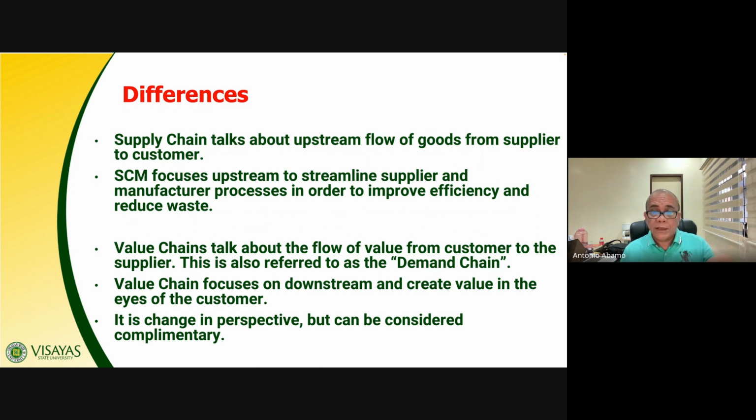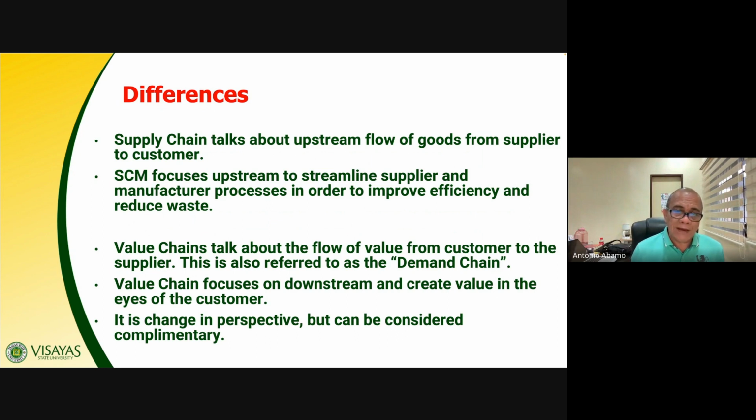Meaning to say, the direction of value chain is almost counterintuitive. The value emanates from the market and is communicated up to the beginning of the upstream end, while supply chain will make sure that from the upstream end it will flow more efficiently as it transits from one segment to another until it reaches the final customer.